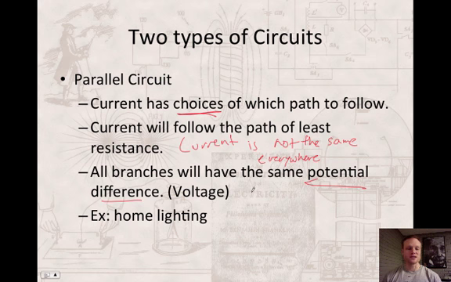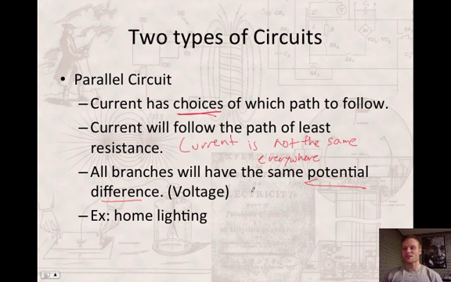Let's say the light bulb in your lamp blows its fuse and it's no longer functioning. If it was a series circuit, your refrigerator, on the same circuit, would stop working because there's a break in the circuit. But clearly your refrigerator still keeps on running, and so they make home wiring a parallel circuit.